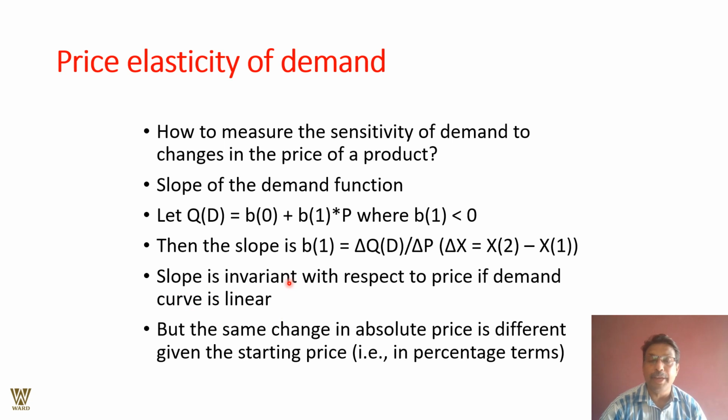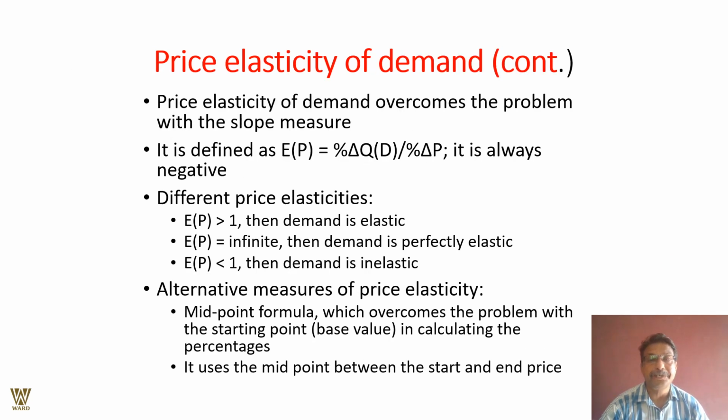The slope is invariant with respect to price if the demand curve is linear. But the same change in absolute price is different given the starting point, that is, in the percentage change that we are looking at.